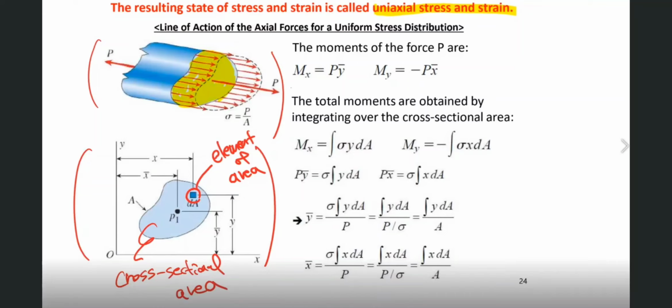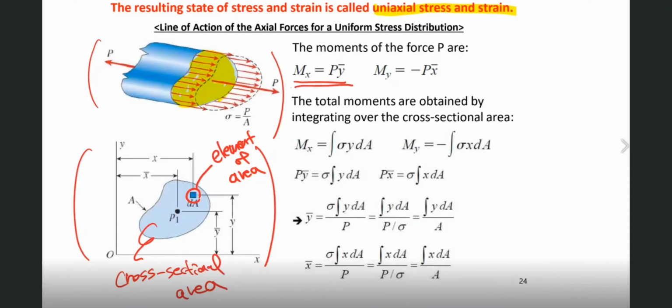To define this specific cross-section area, we always have to consider the fundamental, which means the finite element of this cross-section area. Okay, the moments of the force P can be defined like this, right?